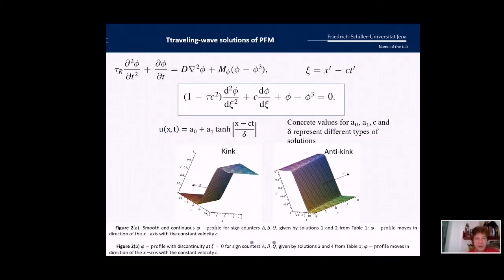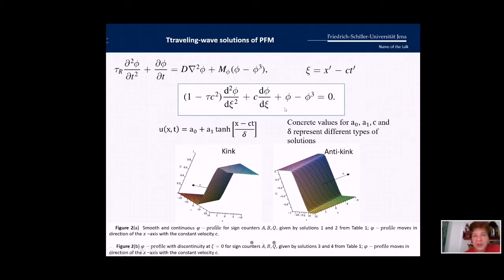So, traveling wave solutions. These are profiles which characterize the homogeneous state and the ordered state, and we can get them from this partial differential equation, reducing it to ordinary derivatives by the well-known Galilean substitution.